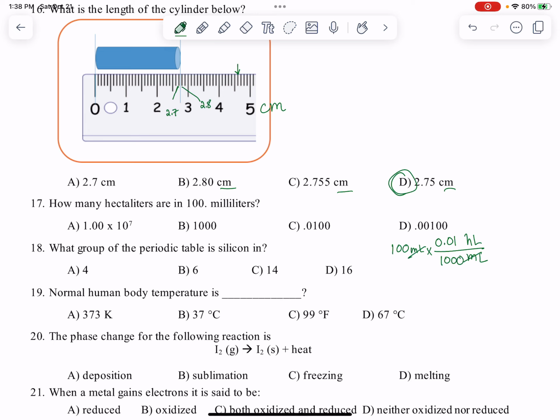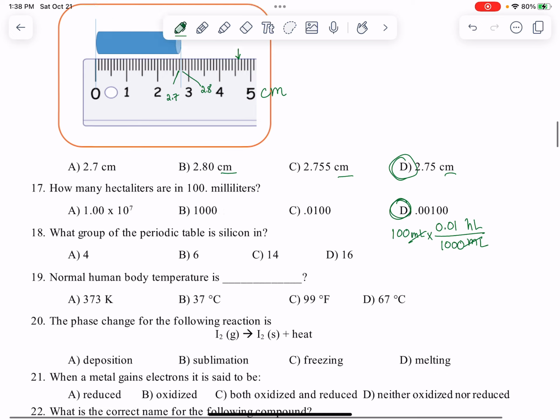And so when you plug that in, you end up with 0.001. Let me double check. How about 0.01? All right. Oops, no, 0.001. I should have plugged it in my calculator. Plug it in, make sure you get that.